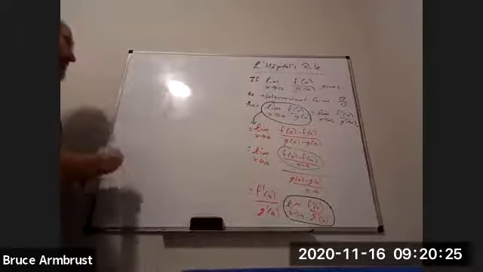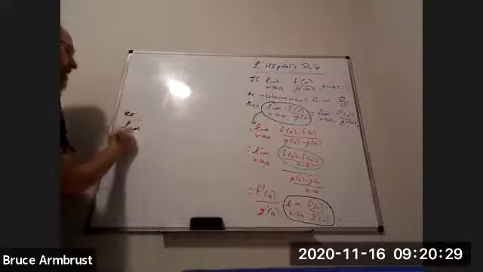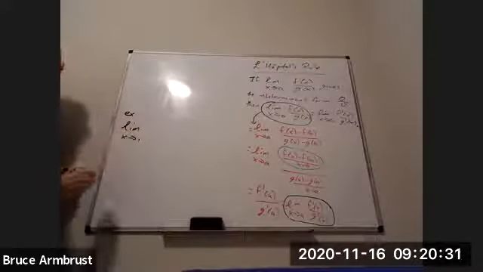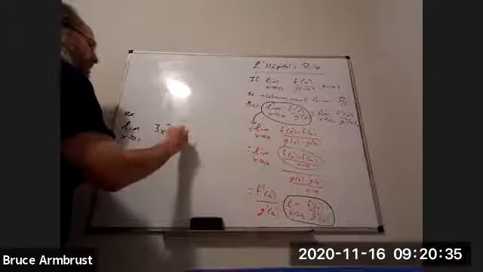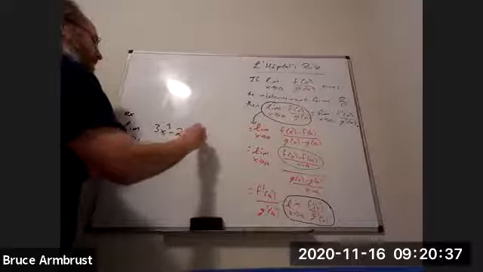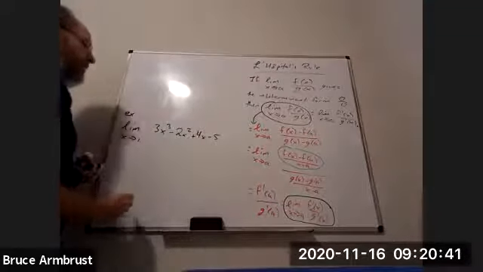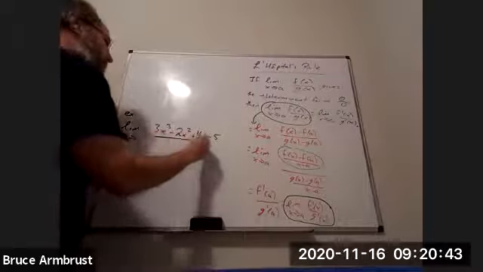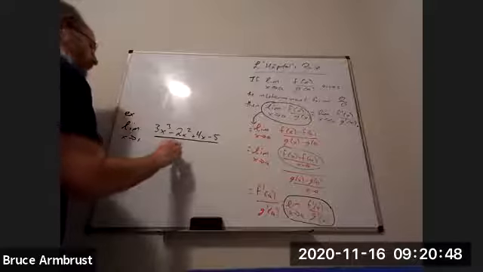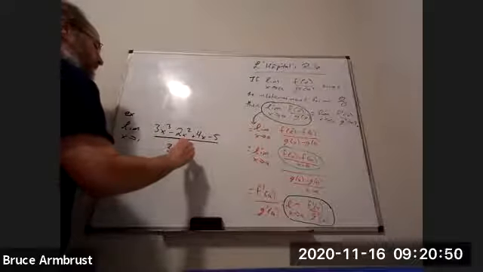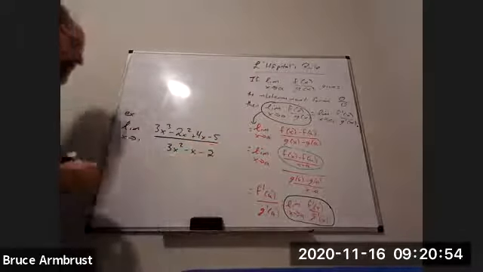So for example, let's say we're taking the limit as x goes to 1 of 3x cubed minus 2x squared plus 4x minus 5, and we're going to divide that by 3x squared minus x minus 2.